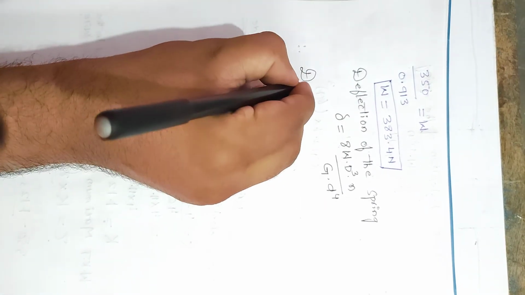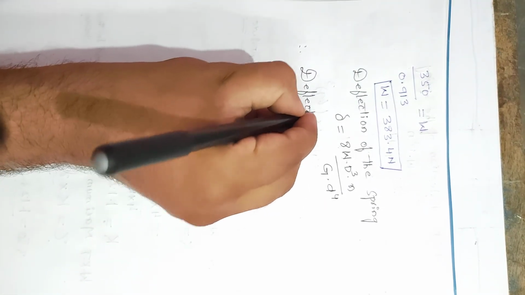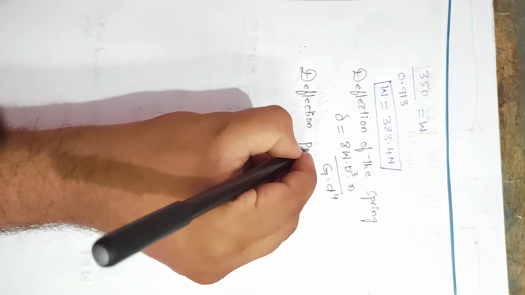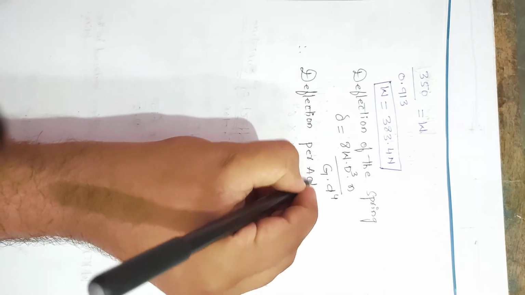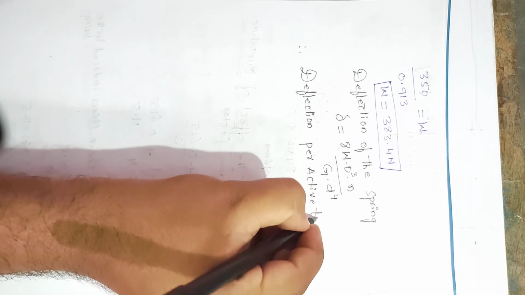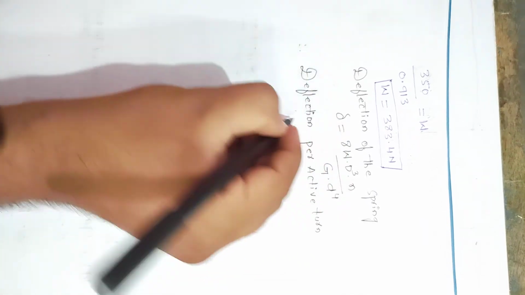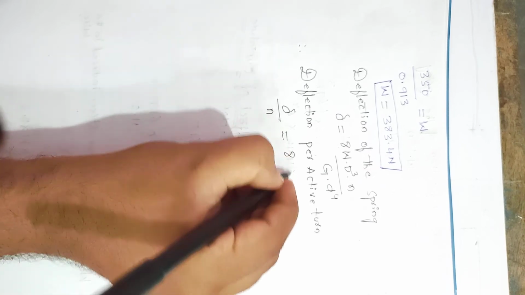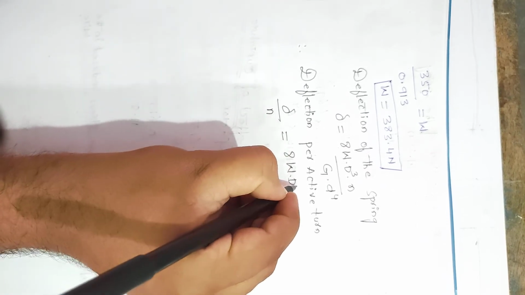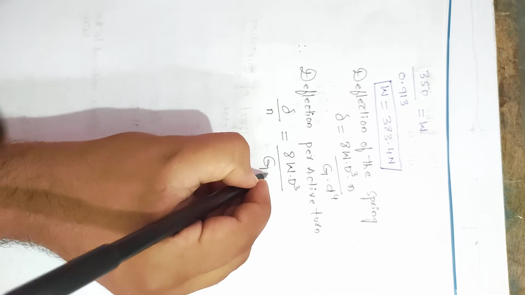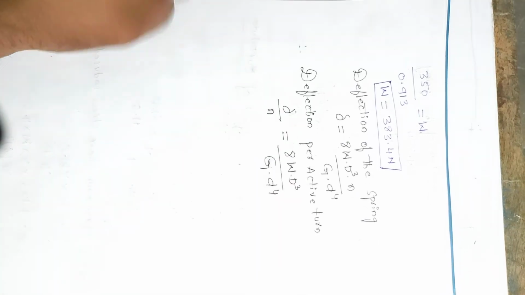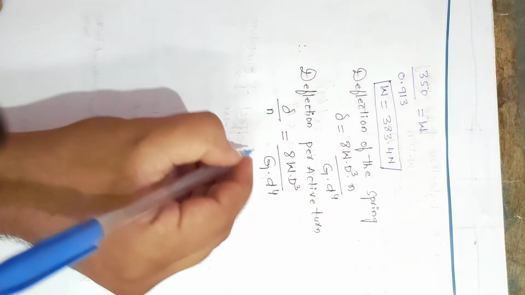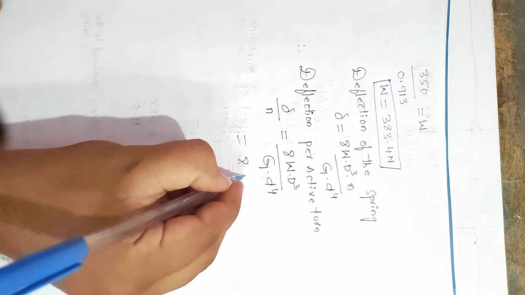Deflection per turn, just you need to divide here. Delta by n equal to 8W d cube by g into d power of 4. Okay. So 8 is as it is.